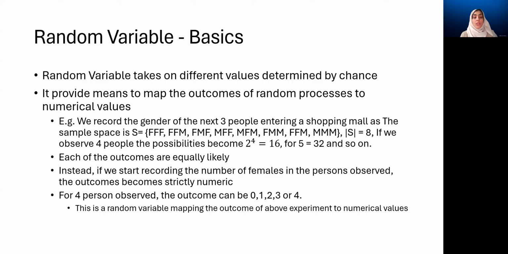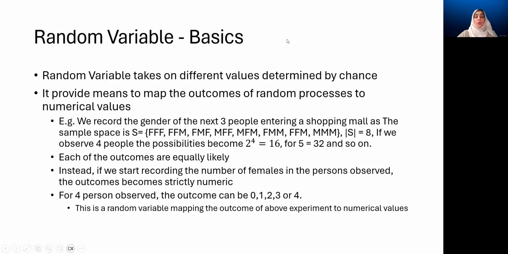Instead of doing it this way, if we start recording the number of females in these people observed, the outcomes become strictly numeric, and they're reduced to only 0, 1, 2, 3, or 4, depending upon how many people you're observing. So for 4, it is going to be 0, 1, 2, 3, or 4. This is a random variable mapping the outcome of the above experiment to numerical values.